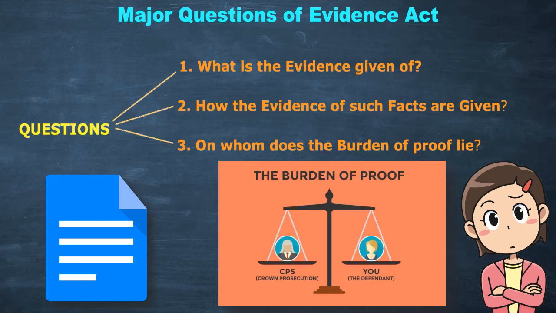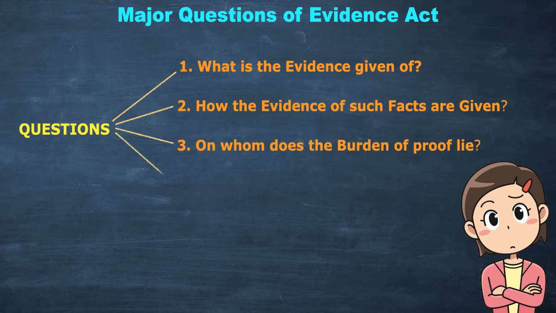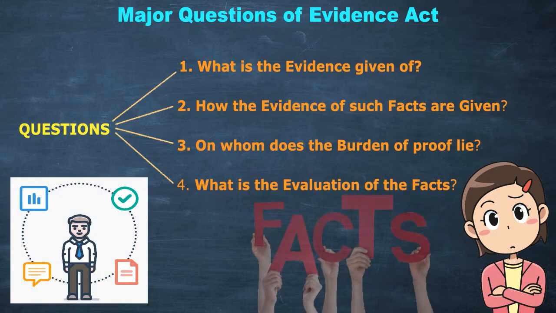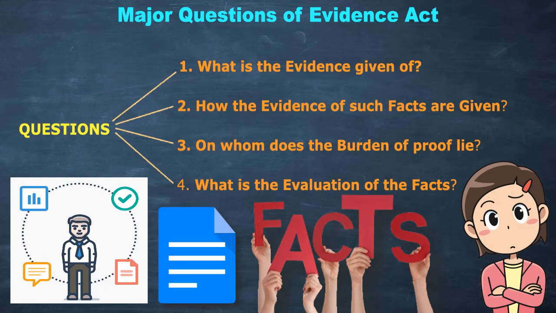Okay, and the last question that comes to mind is, what is the evaluation of the facts? The evaluation is proof or presumption of proof. The fact is either proved, disproved or not proved, or there may be a presumption, that is, may presume, shall presume or conclusive proof.